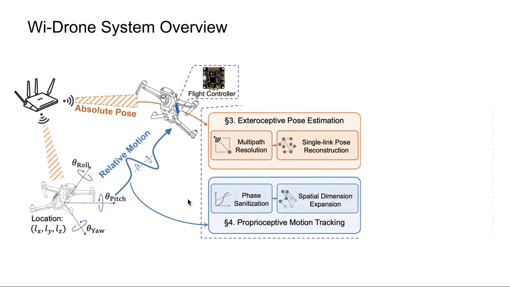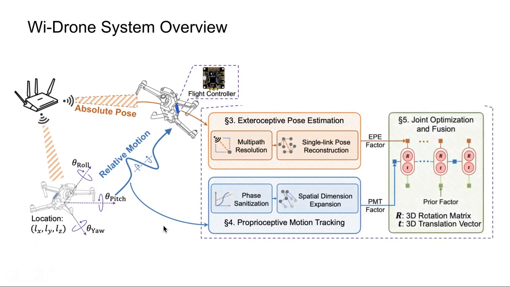The first one is to infer the absolute location in 3D. The second one is to infer the relative change of motion. Then the question is how to fuse them.